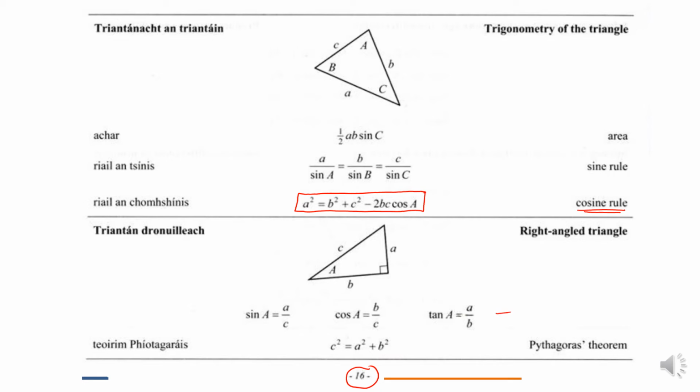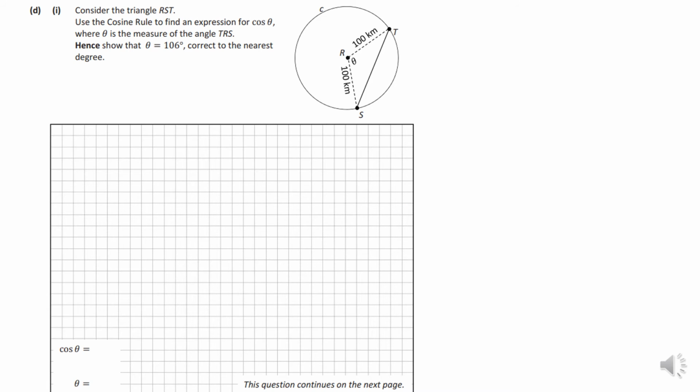You'll also see your ratios here, but they don't use O, A and H for opposite, adjacent and hypotenuse as we do. So we're going to start by writing down the cosine rule, which is a squared equals b squared plus c squared minus 2bc cosine A.